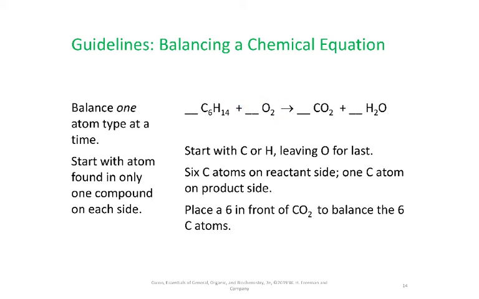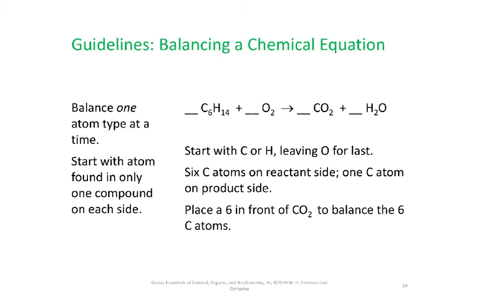But if we change hexane, this is hexane by the way, then we change carbon and hydrogen, right? Or if we change water, we would change hydrogen and oxygen, and CO2 would be oxygen and carbon, right? So ultimately at the end, we're gonna use this to correct oxygen and balance everything.